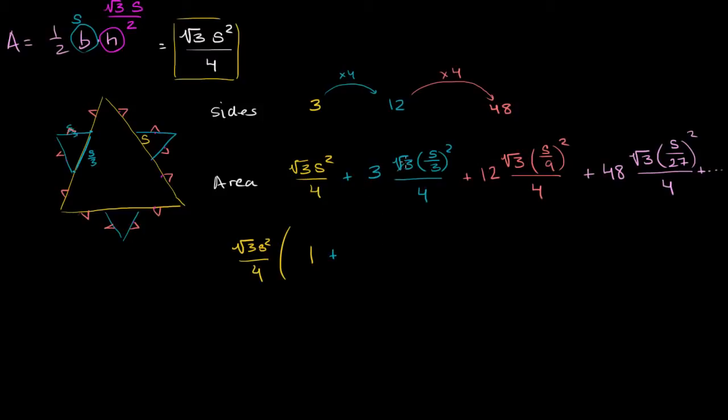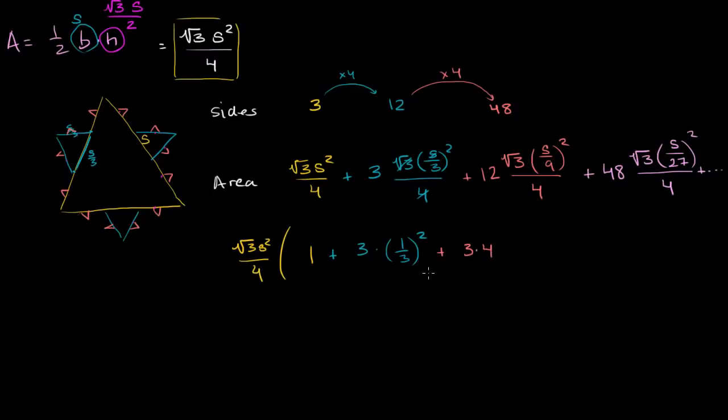Well, let's see, we factored out a square root of 3, we factored out a 4, and we factored out only the s squared. So now it's going to have plus 3 times 1/3 squared. That's all we have left here. We have the 1/3 squared, and then we have this 3. And I'm not simplifying this on purpose so that we see a pattern emerge. And then this next term, plus, so this 12 is still going to be there, but I'm going to write that as 3 times 4.